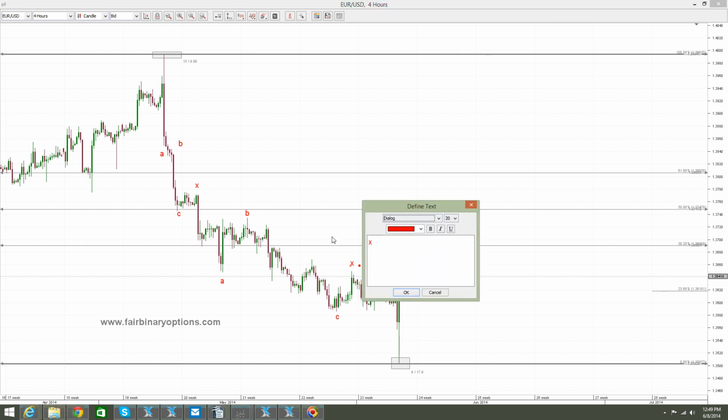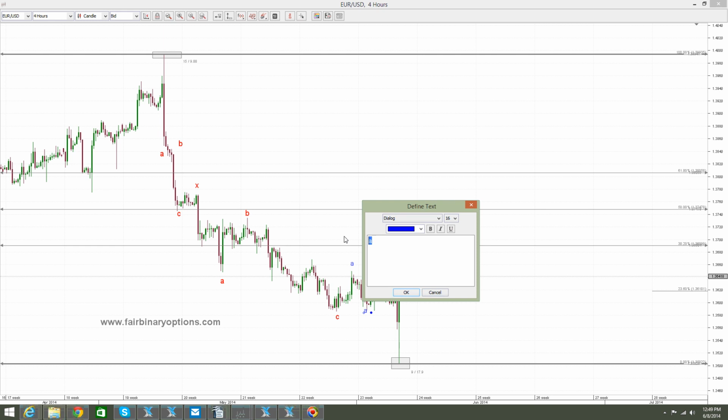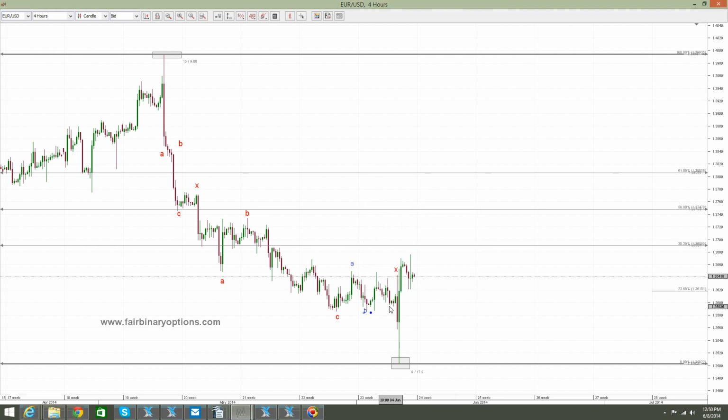Wave A, of a lower degree we said, let's make it with blue, so this to be wave A, and the B wave, like this.